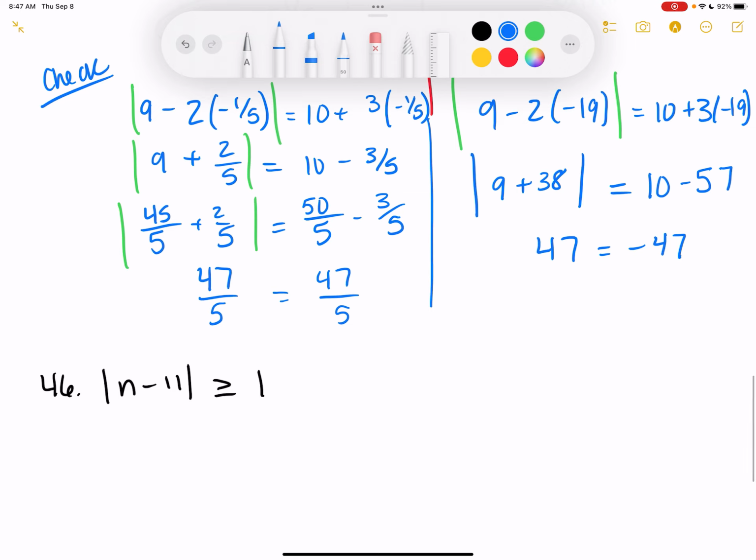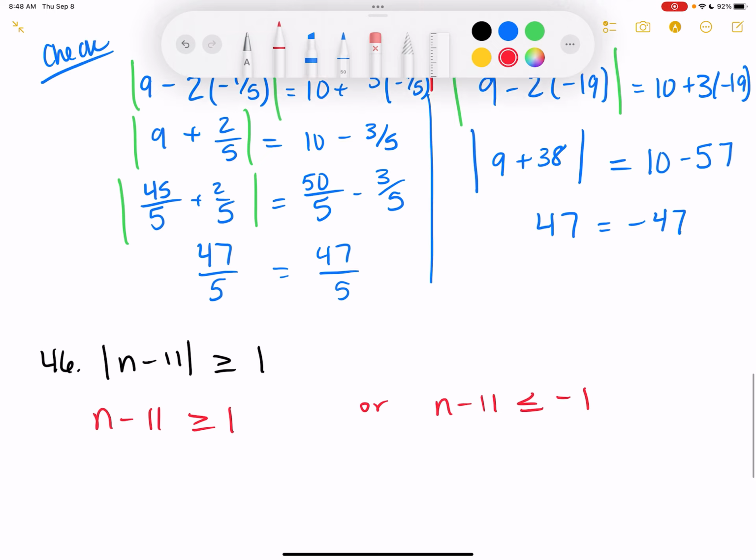So this one would be n minus 11 is greater than or equal to 1, or n minus 11 is less than or equal to negative 1. So when you do it, think about how when you divide or multiply by a negative, it flips the radical. So that's the same thing that's happening here.